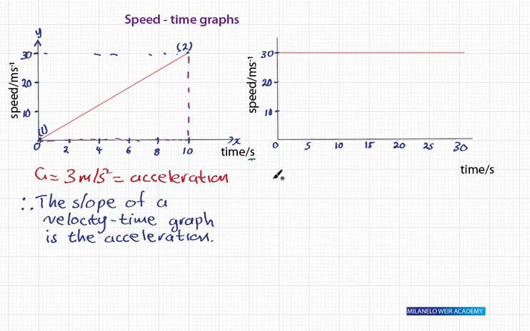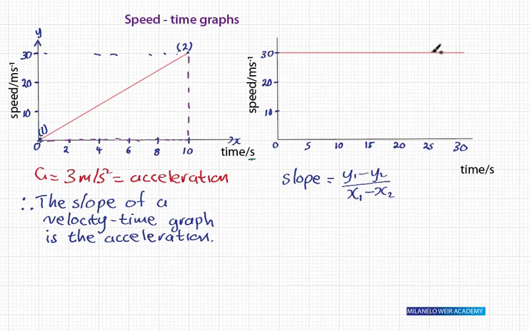Let's now calculate the slope of this other graph. The slope, remember the slope, which is G, is equal to y1 minus y2 over x1 minus x2. Then we have to choose 2 points, being point 1 and point 2.